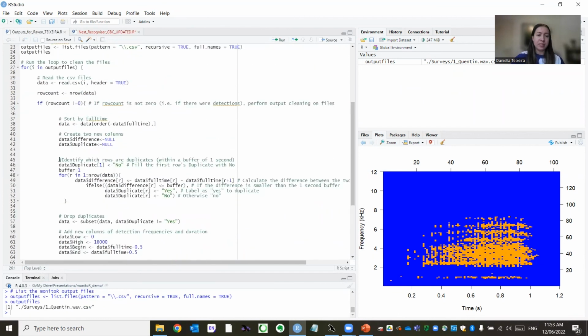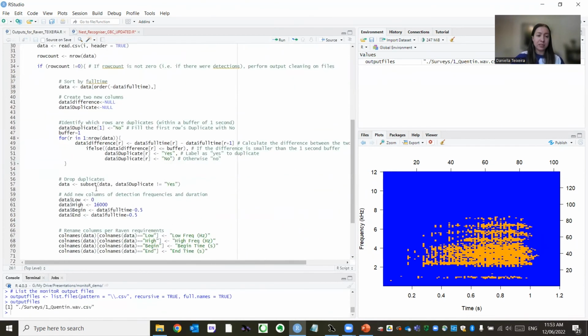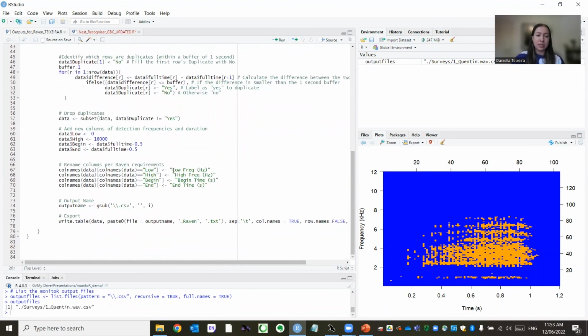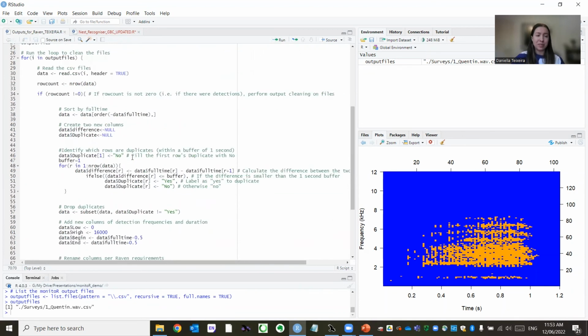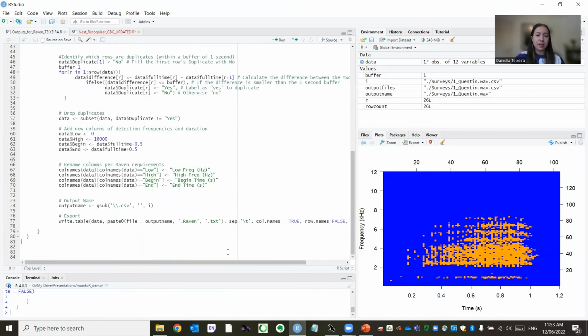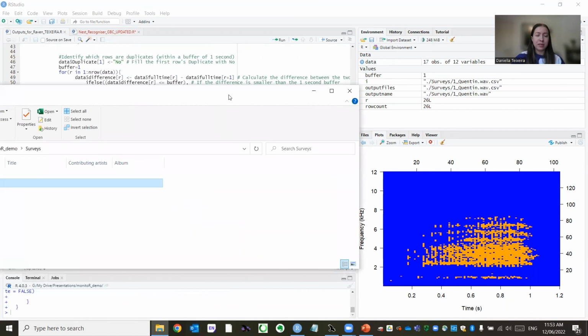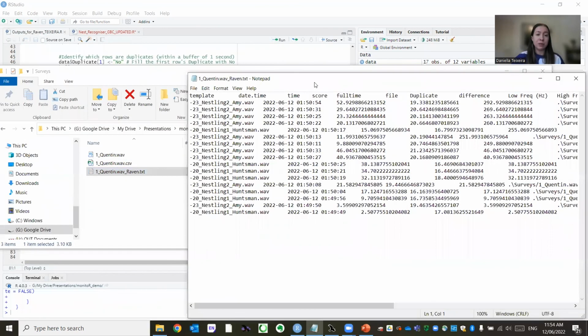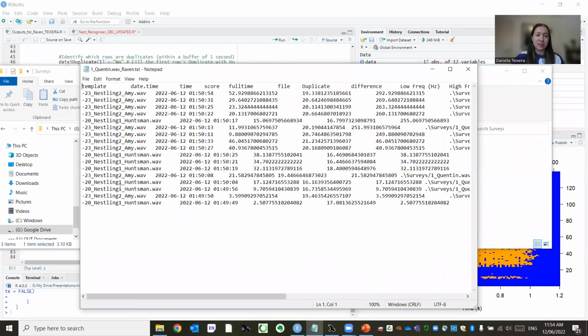It identifies duplicate detections, removes those duplicate detections, and then adds some columns with exactly the right column headings that Raven Pro needs. So it has to be specifically this. So I'll just run that. Okay, and if I flick back here, we'll see that there's now a text file, and it should have fewer rows than what that CSV has because it's removed those detections.